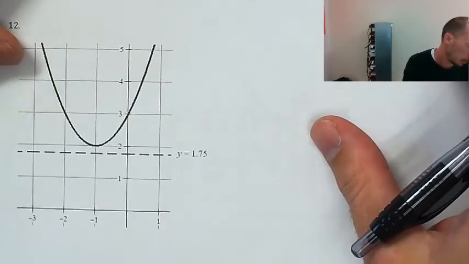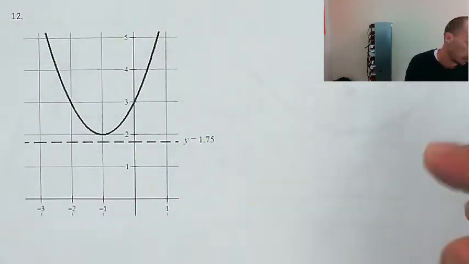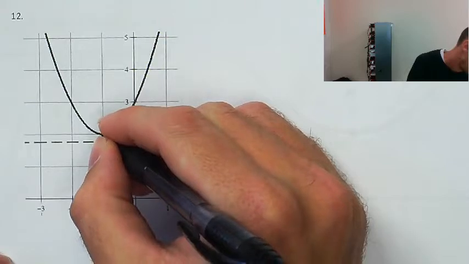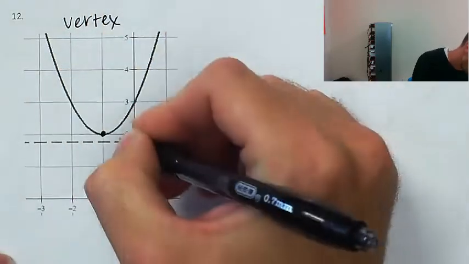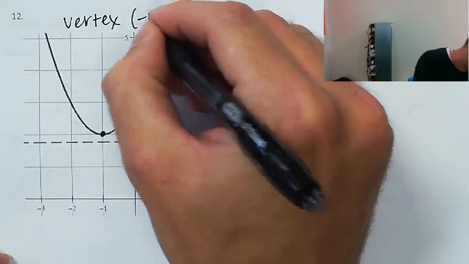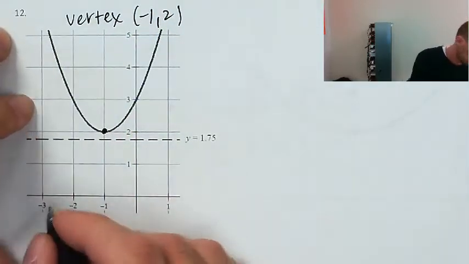Right, over here. This looks like a graph I made myself. Okay, so the vertex is at x equals -1, y equals 2. Okay, the directrix.